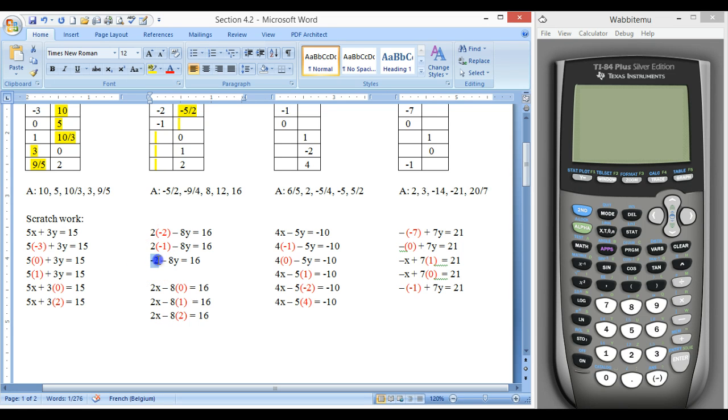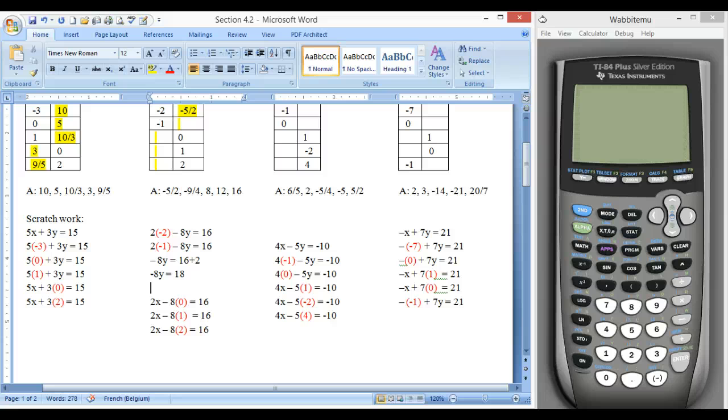Because it's negative here, to get rid of that, I add 2, which cancels it out on the left side. And oops, that gives me -8y equals 18. Divide both sides by -8, isolates the y, and a positive divided by a negative is negative 18/8.